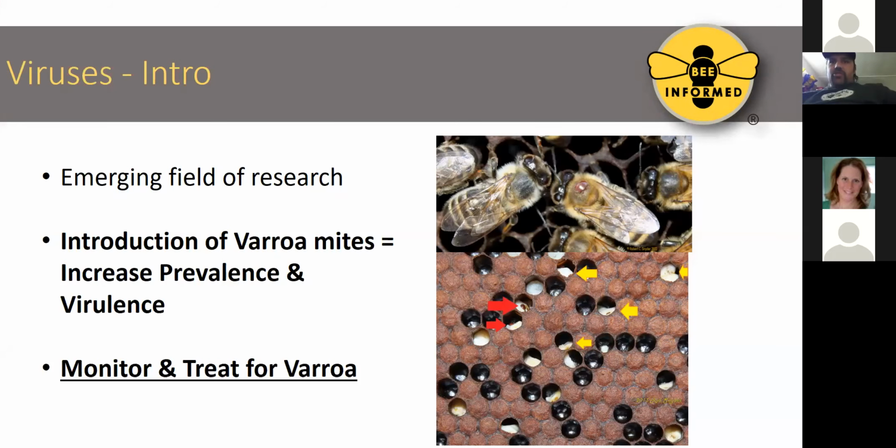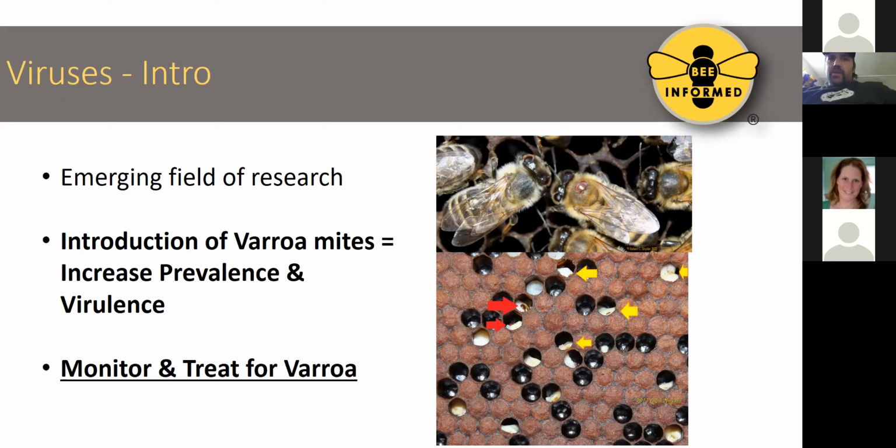Since the introduction of varroa mites in 1987, viruses have become more virulent, and beekeepers pay much more attention to their colony's health, the varroa mite treatments, and the management of these mites. Once viral loads are high in colonies, it could take 2 years or more to rid the colonies of high viral loads through diligent varroa mite treatments, requeening, and supplying bees with good forage or food substitutes if they're in poor forage areas.